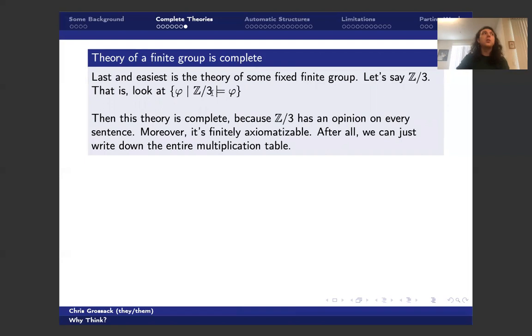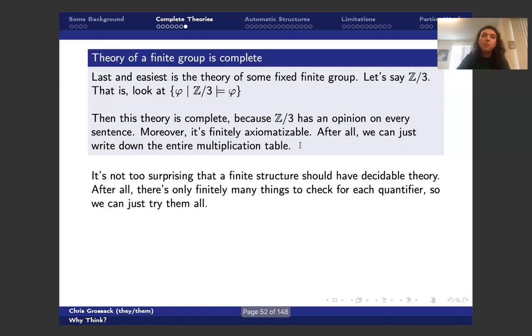And so if we're only interested in one model, then the obstruction to decidability is, does the theory of this model have recursively enumerable axioms? And the answer for Z mod 3 is yes, because it's a finite model. So we can literally just write down the multiplication table of my group, which I'll leave it to you to check that the multiplication table plus the group axioms axiomatizes this theory.